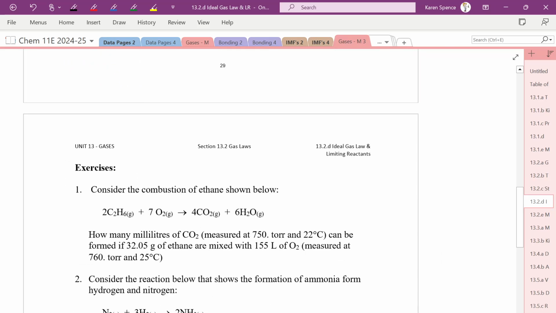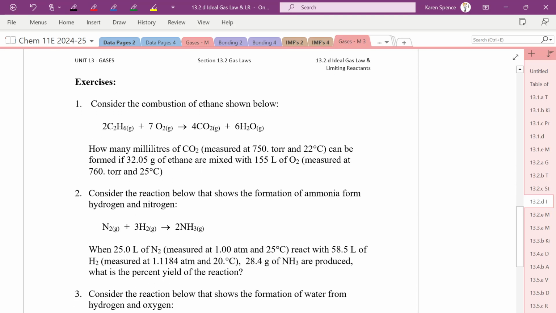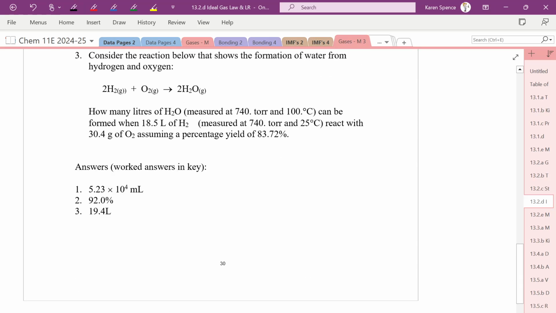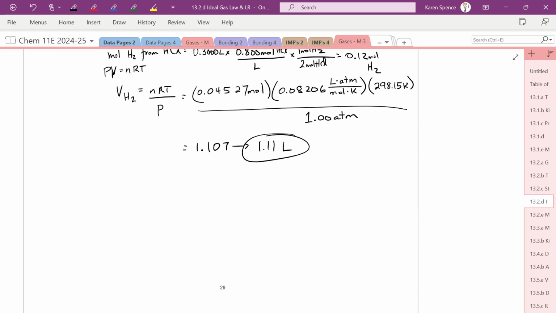So once again, there's not much to this other than just reminding yourselves how limiting and excess works. So maybe we are at 9 o'clock about there. So why don't you just do one question from each of these pages for homework? So maybe just do number 1 on page 30. Page 30, number 1.